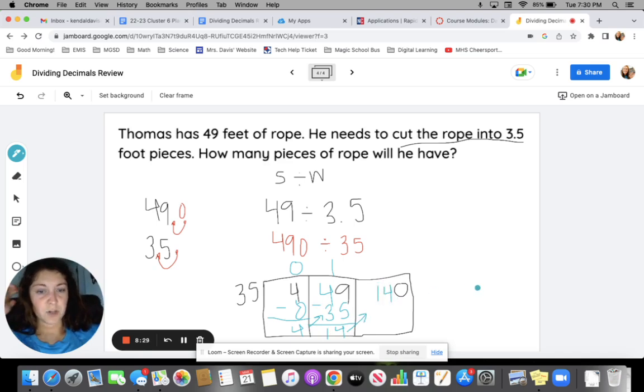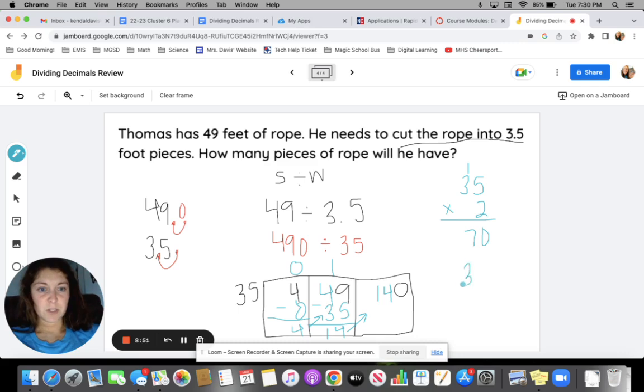Now's where it gets a little tricky. How many times can 35 go into 140? Well, I'm going to have to do some math over here in order to figure that out. First thing that I'm going to start with is 35 times 2 just to see what that gives me. That would be 10, carry my 1, so that would be 70.